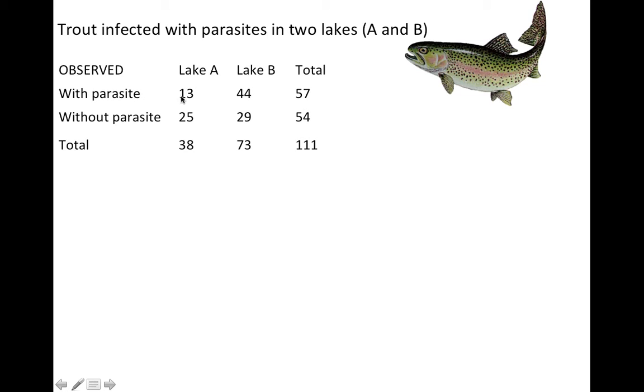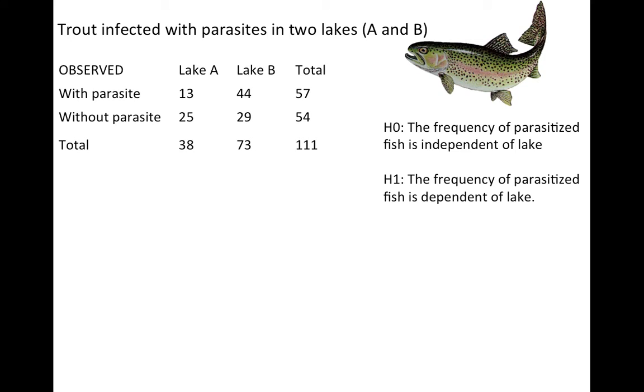But the frequency of infected fish might be different between the 2 lakes. We put all our observed values in a so-called contingency table. And the question we ask is, is the frequency of infected fish the same in Lake A and B? And we often try to put the null hypothesis in terms of dependence or independence.